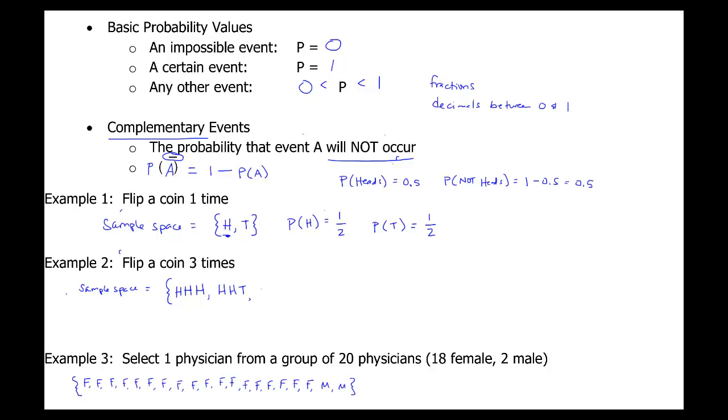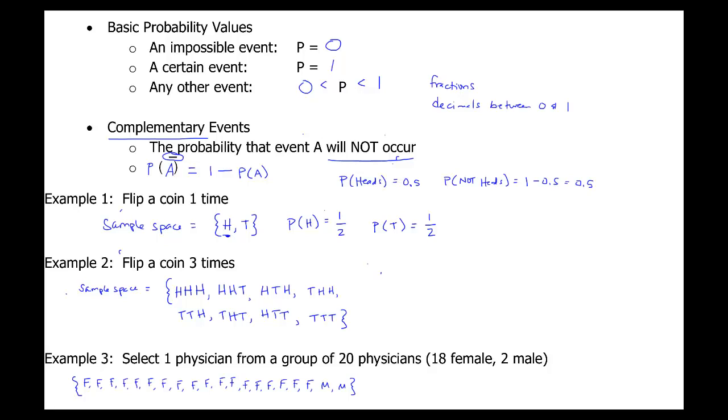You could flip a coin 3 times and get heads, tails, heads. You could get tails, heads, heads. We could get any possibilities with 2 tails and 1 head. And there's the possibility of getting tails all 3 times. So there's our sample space.